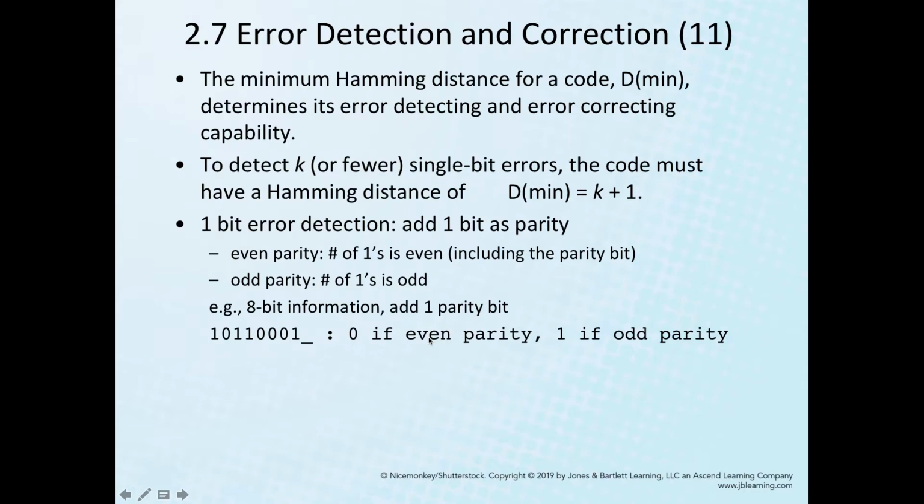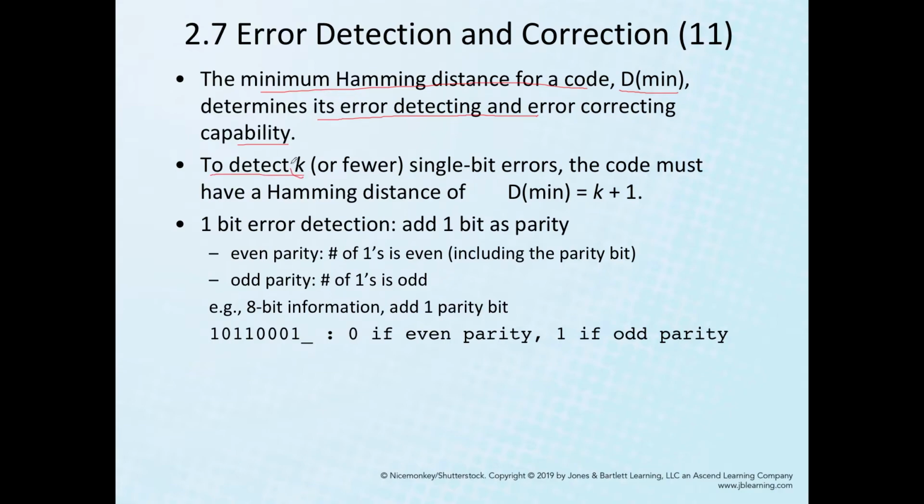First, let's find out how to detect errors. Detecting errors is much simpler than correcting errors. The minimum Hamming distance for a code, let's have a notation d min, determines its error detecting and correcting capability. Let's focus on detecting errors first.